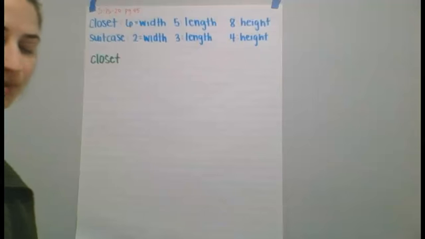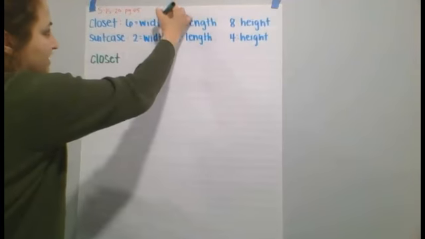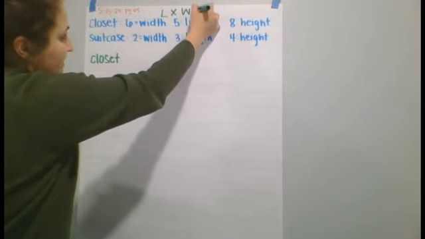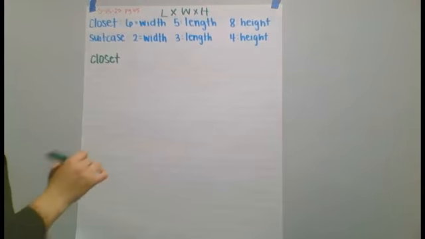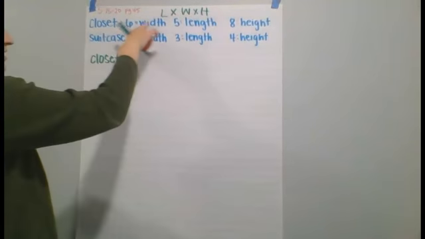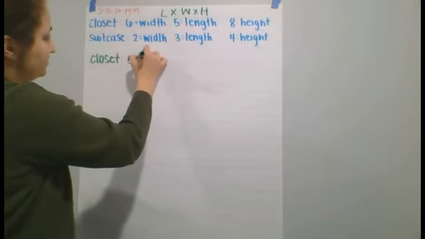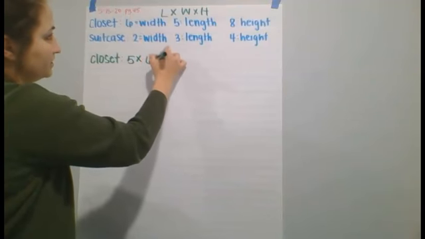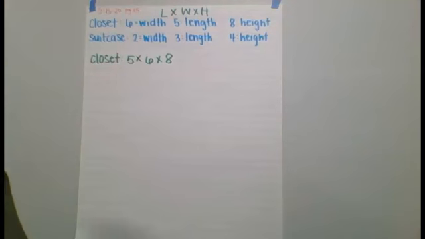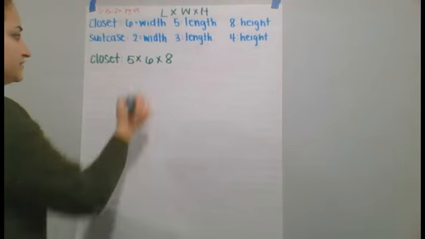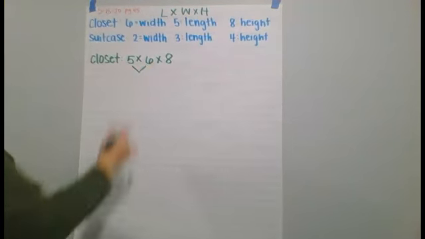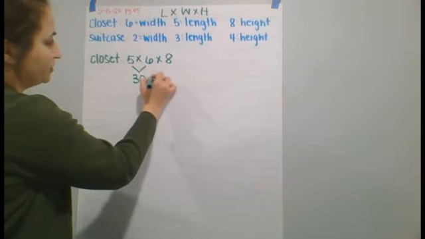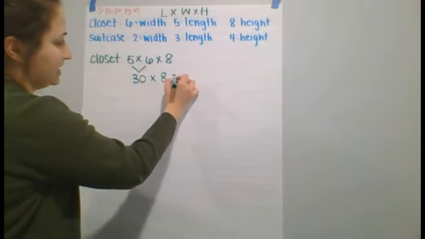So remember when we're finding our volume, we're taking our length times our width times our height. So we have our length is 5, our width is 6, and our height is 8. First things first, we're going to do 5 times 6, which gives me 30, and then we're going to take 30 times 8.